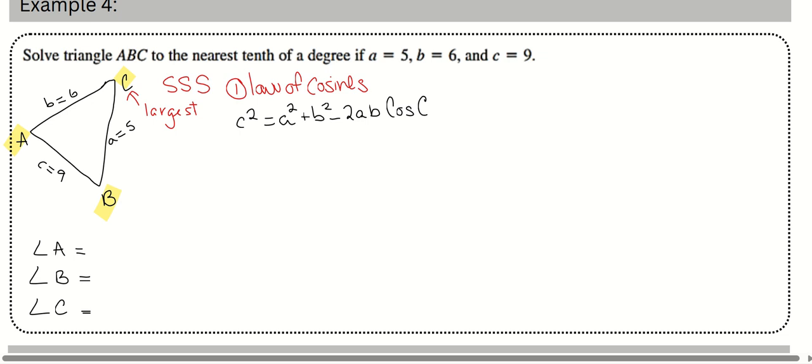That's sort of the way that I would do this, but I think it could be easier if we put in the numbers.